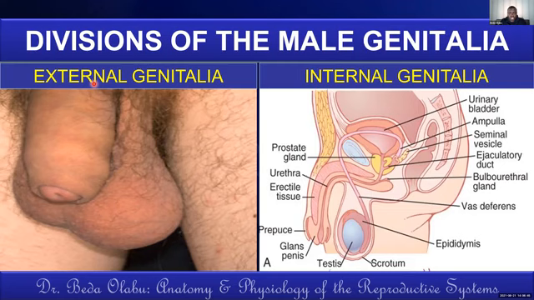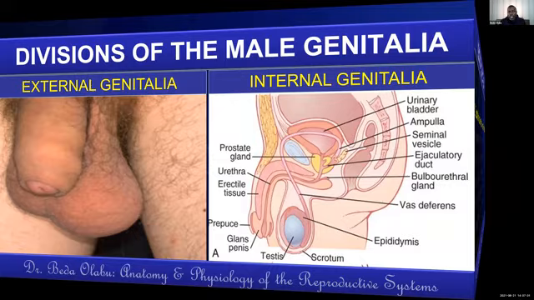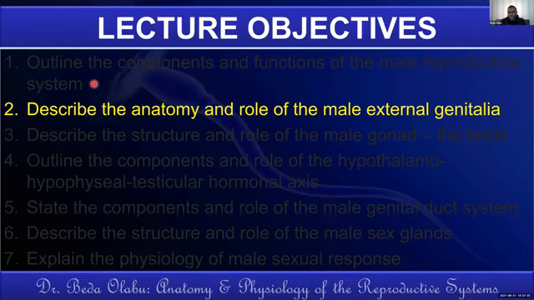So those three entities constitute the male internal genitalia: the gonad, the genital ductal system, as well as the sex glands. And we'll be looking at them one by one. So let's start by looking at the structure and role of the male external genitalia.